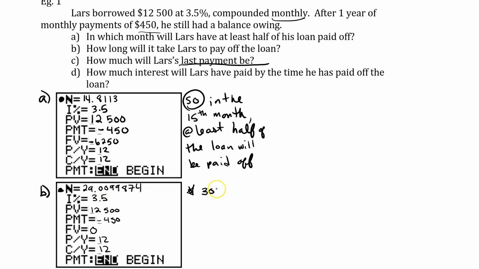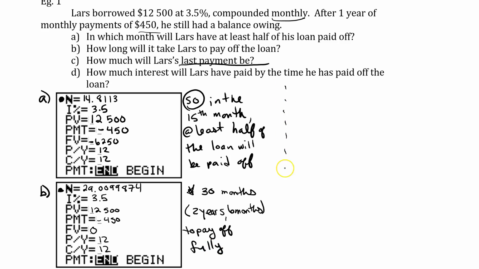So 30 months or 2 years, 6 months to pay off fully. You might be wondering why I'm leaving so much space here. Well, that's for the C and D part.